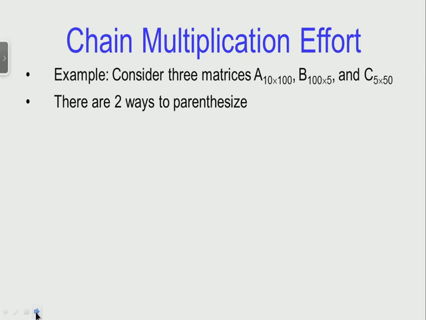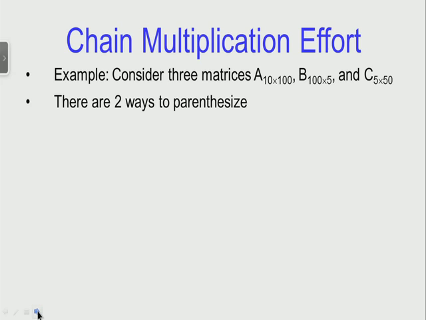For this, let us consider the following example where we consider 3 matrices A, B and C. A is of order 10 by 100, B is of order 100 by 5 and C is of order 5 by 50. Clearly the 3 matrices can be multiplied, that is, the product A, B, C can be computed.